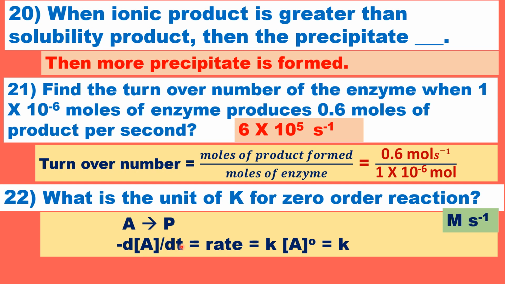The rate of disappearance per second, or rate of decomposition of A per second, is equal to K into concentration of A. In this case, it is a zero order reaction, therefore A power 0. For first order reaction, 1. For second order reaction, you need to put 2 here. So A power 0 equals 1. So rate equals K.